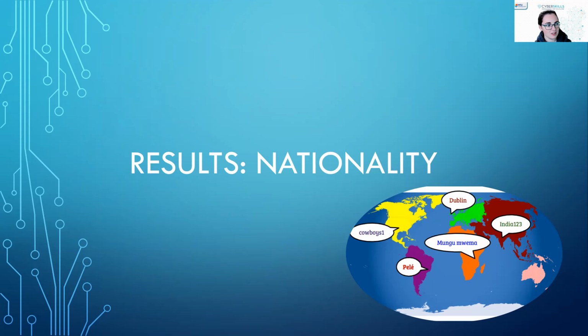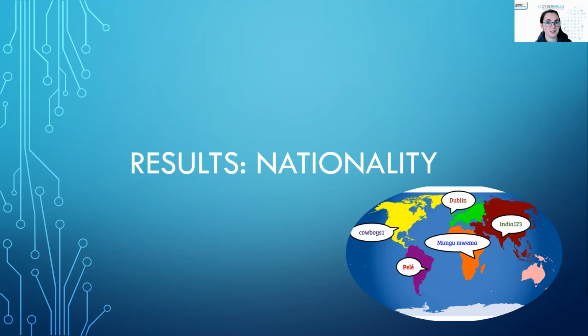So what we decided to look at is English users' passwords and German users' passwords. They use the same alphabet, and they're both European, Indo-European languages. And then we also looked at an even more difficult challenge: English users' passwords and Irish users' passwords. In this case, not only are they using the same alphabet, they're using the same language.